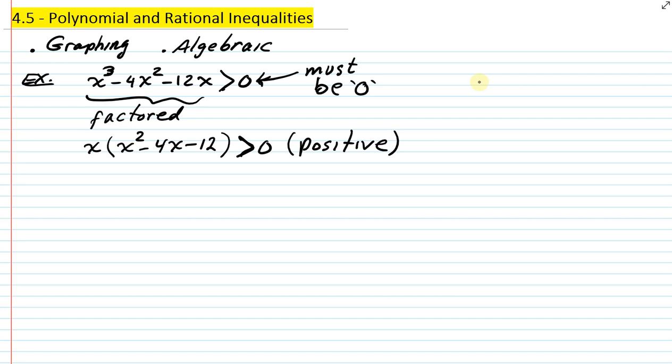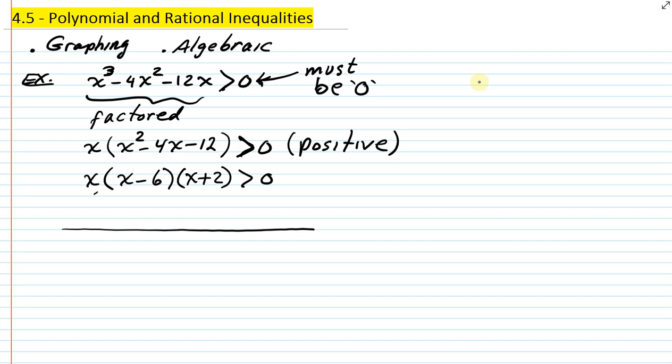Now, we're going to continue with our factoring. Inside the parentheses, the quadratic expression is factorable: x minus 6, x plus 2. Those will be the factors. All right. Now, at this point, here's what we want to do, and that's why it's important to have a 0 for what we're about to do. In our next step, we're going to create a sign chart.